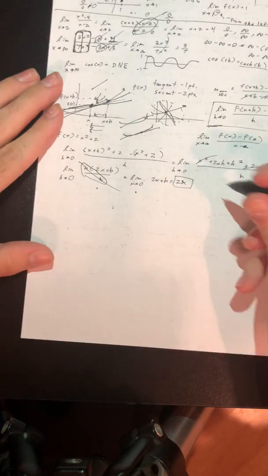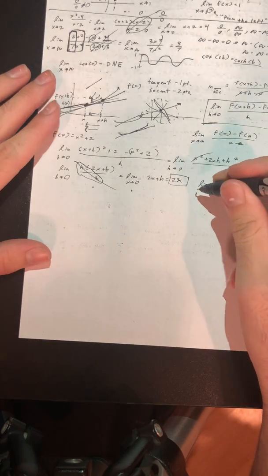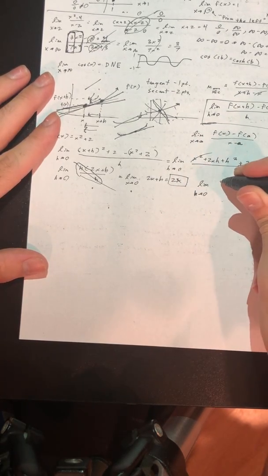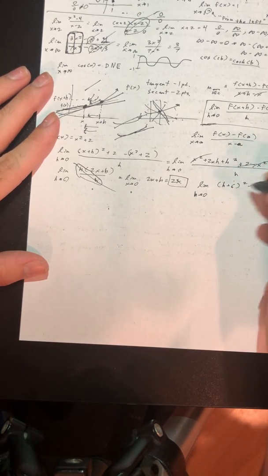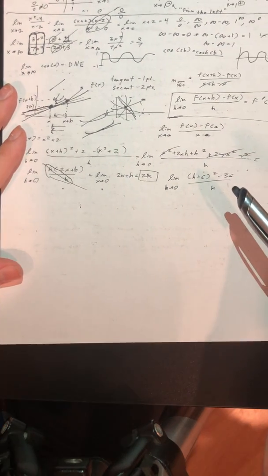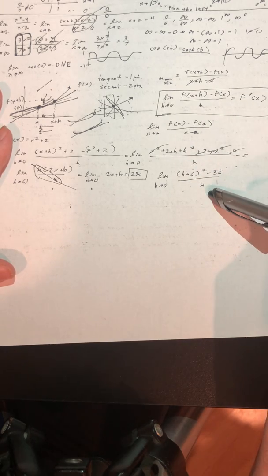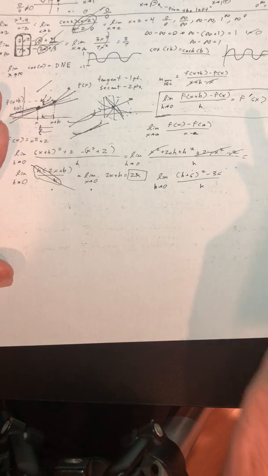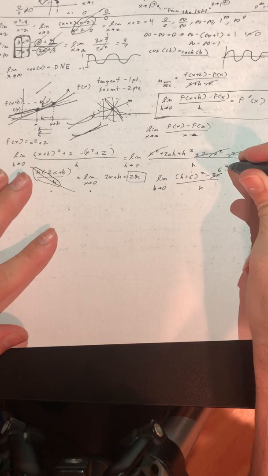So sometimes I know in the textbook they gave you a limit kind of like the limit as h goes to 0 of, say, (h plus 6) squared minus 36 over h. Now, hopefully you can see that this is awfully similar looking to this, okay? Right, we can write 36 as 6 squared.